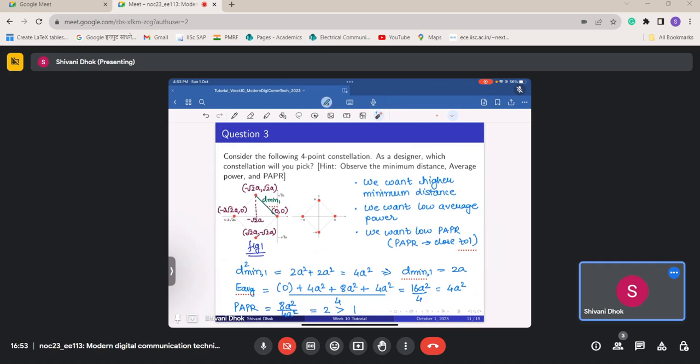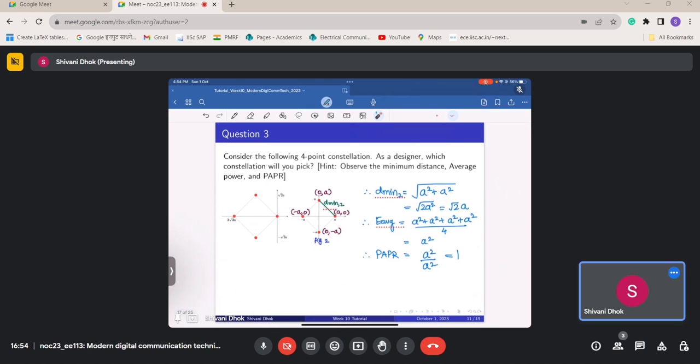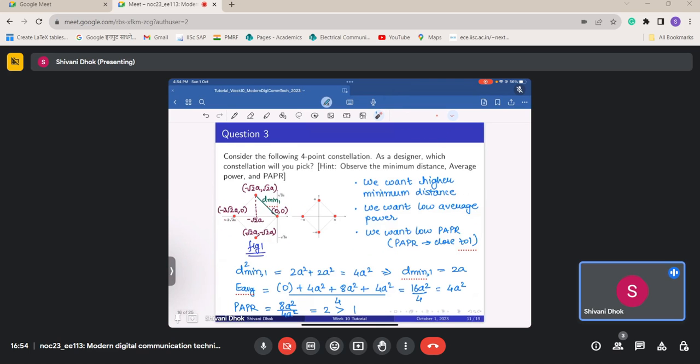I'm sorry, if I'm able to burn a higher amount of energy and I can compromise a little bit with my PAPR, then I can go for this particular constellation, because it gives a higher minimum distance compared to this. But again, it requires 4 times more energy on an average, which is significantly higher.